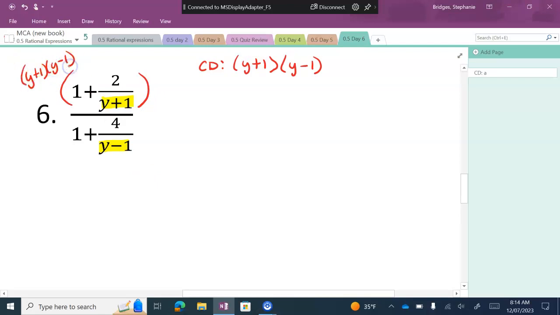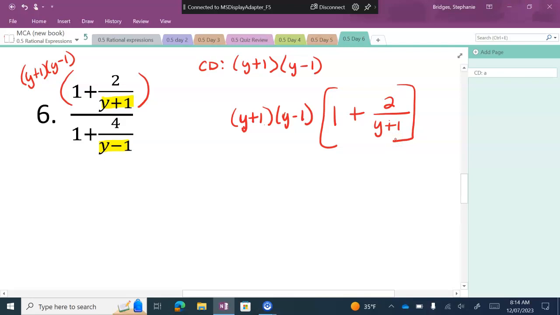So we're going to start by multiplying the top by that. I'm using these big brackets just to help me differentiate what I'm doing.